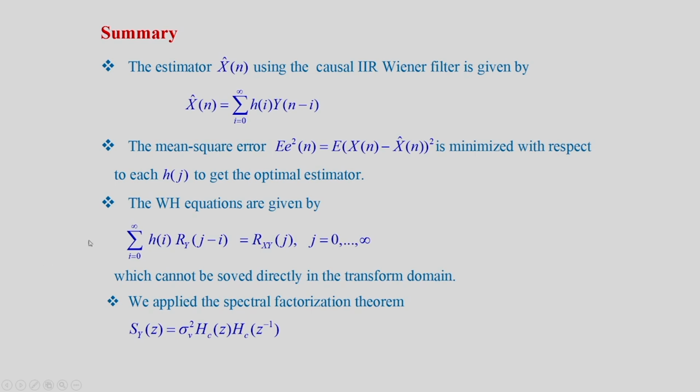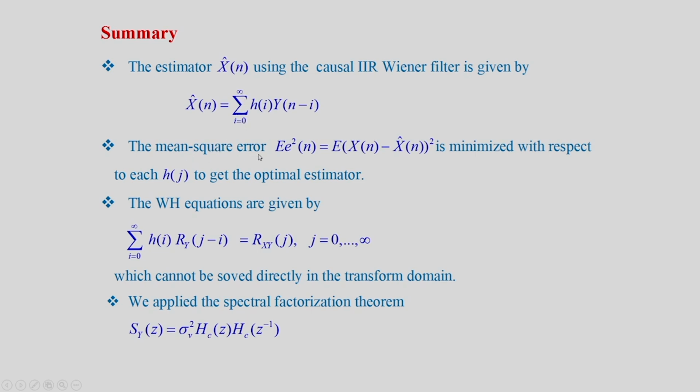Let us summarize the lecture. The estimator x hat n using the causal IIR Wiener filter is given by this relationship: x hat n is equal to summation h i into y n minus i, i going from 0 to infinity.